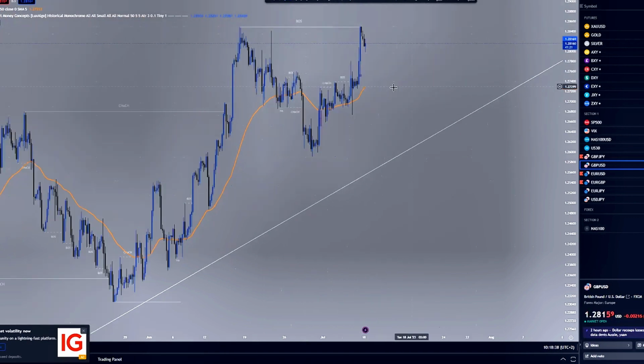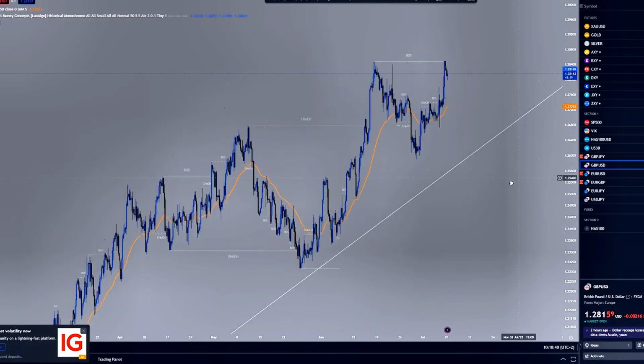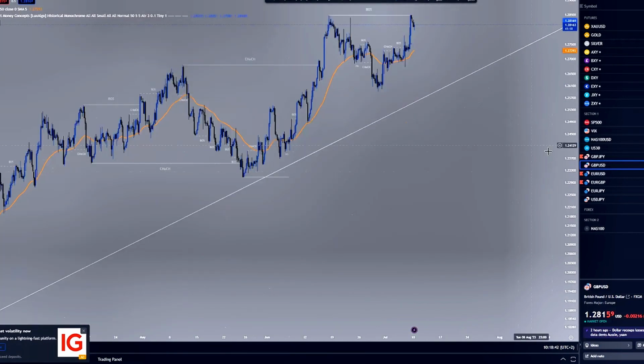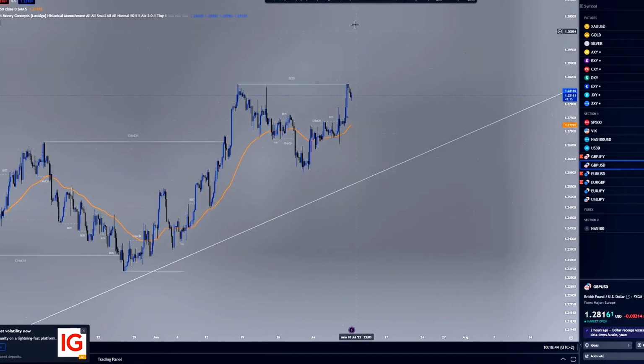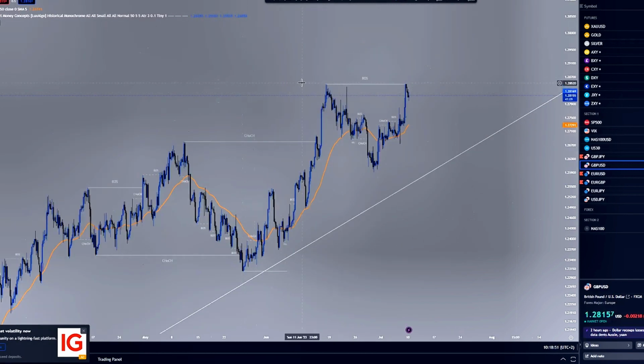Interesting. So I think here it will continue actually. This is a broken structure here, but it's made equal highs. That's one thing we can be concerned about.